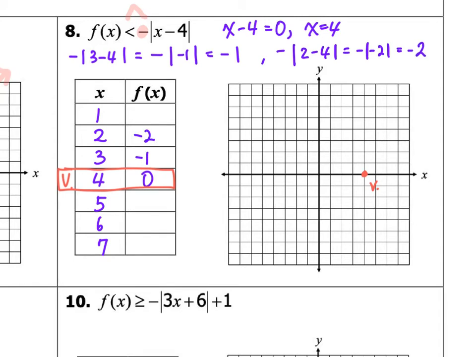And then you can guess the rest, right? Because we know they are symmetrical. So let's find each point. Since it doesn't have the equal bar, we're going to use the dashed line.